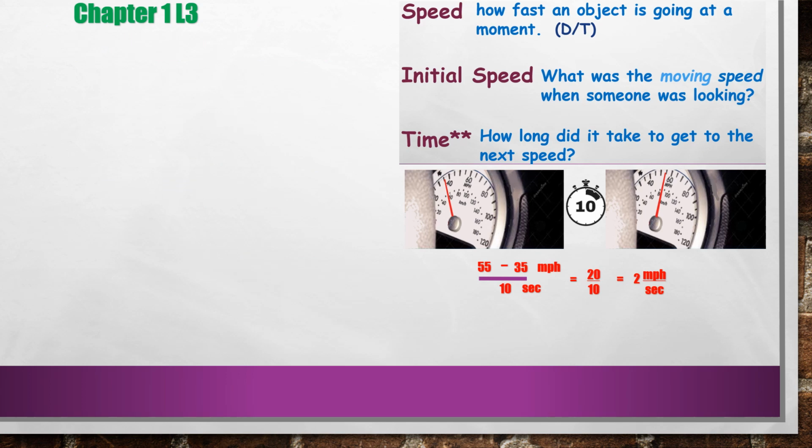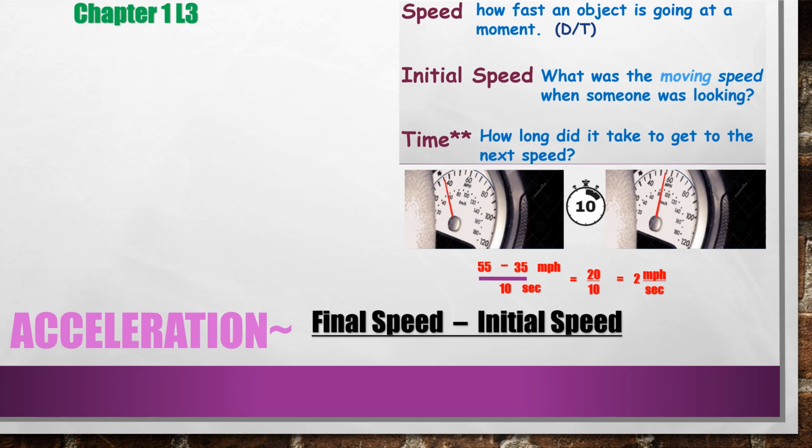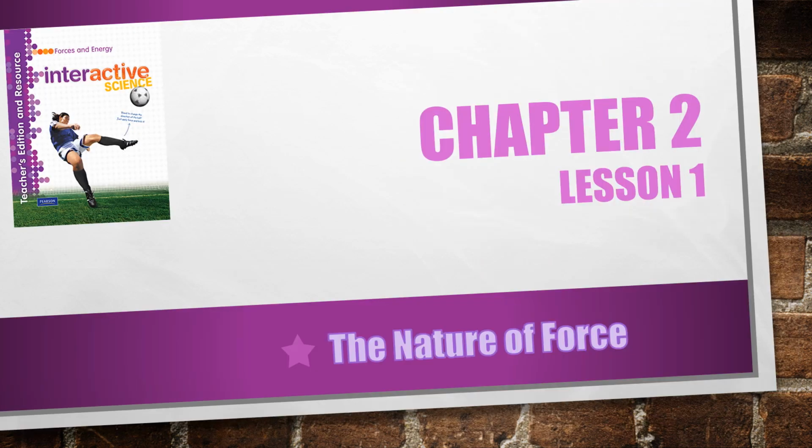So just the idea of understanding what acceleration is. I'm taking final speed, I'm going to take my initial speed from it, and then I will divide by my time. Right? I just need to know how long did it take on average, because this is an average problem, going from my slower time to my faster time. That was it. I told you it would be really quick.